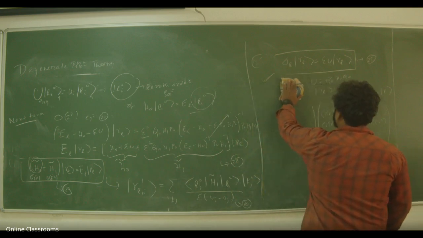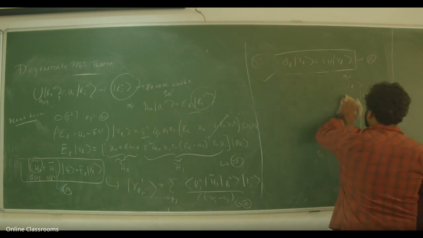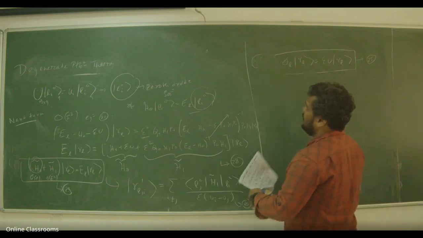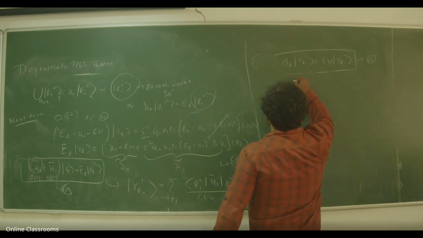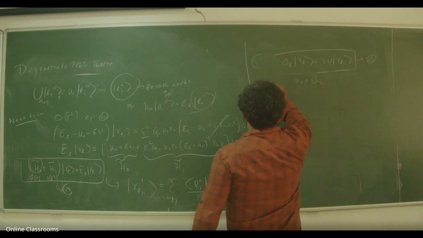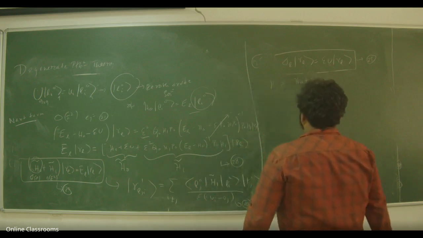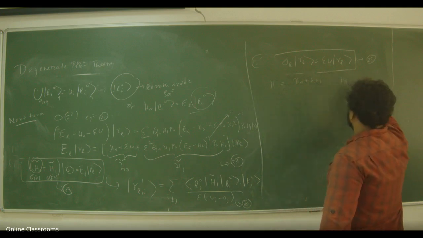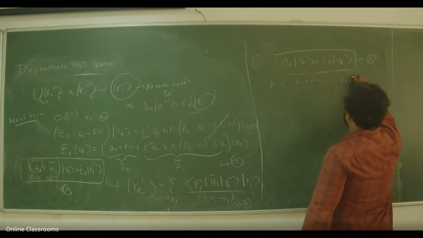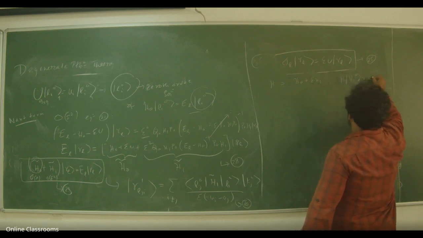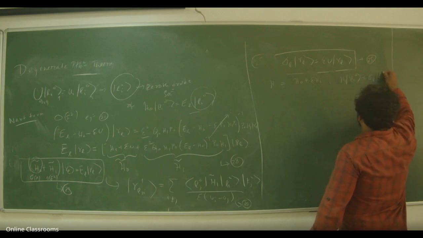Let me write the whole thing in an algorithmic form. What do you have to do? This is your H0 plus epsilon H1. This is the full problem you want to solve, and you know H0 Li0 equals EL Li0.